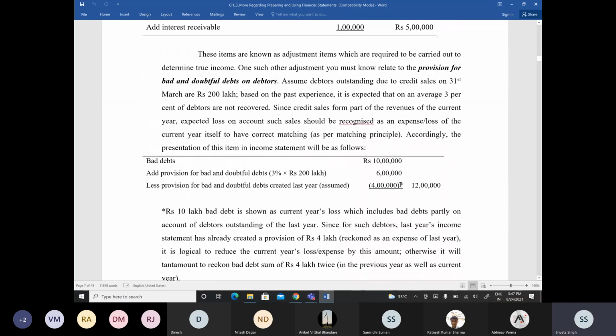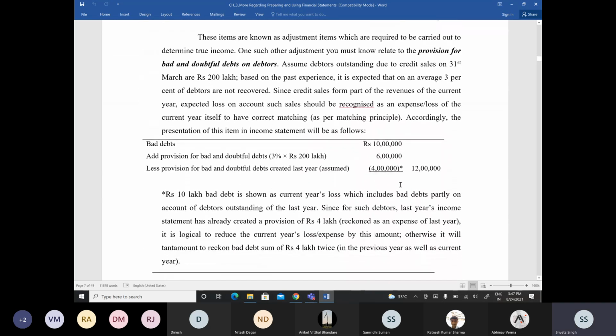Then I also told you that the conservative principle says that in case you anticipate that the company will make some loss or there would be some bad thing that can happen, you have to make a provision for that. So companies do create a provision for bad and doubtful debtors where they write off some part of the debtors as a loss. How do they arrive at this figure?